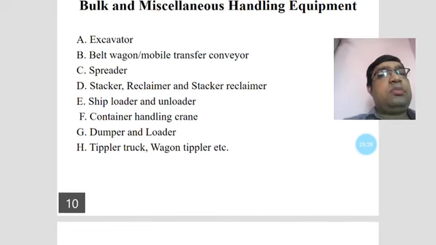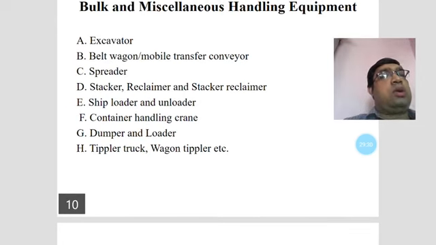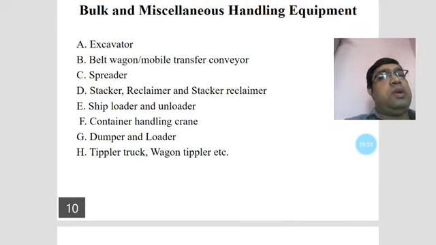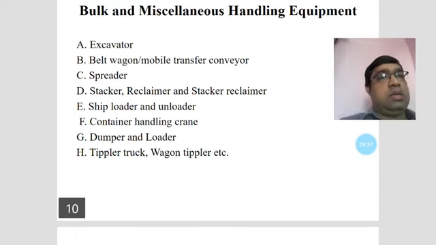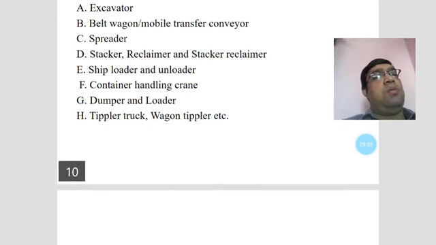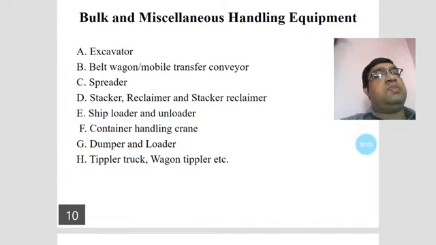And the loader also is part of the bulk and miscellaneous materials handling equipment, and the tripler trucks. The tripler trucks are used for bulky materials, just like in coal handling systems, where tripler trucks are available, and the wagon tripler etc. are included in the bulk and miscellaneous handling equipment.